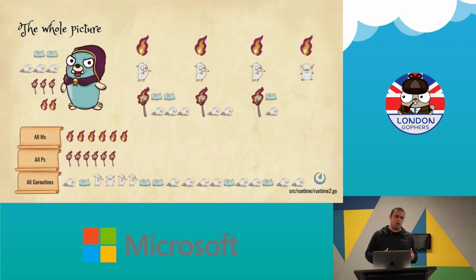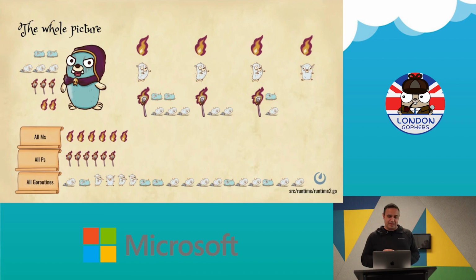So this is the whole picture. You can see there some processors, and each processor has its own queue of runnable Goroutines, Goroutines that are ready to run, and free Goroutines. Every running Goroutine that you can see there is associated to a processor and to an operating system thread. You can even have operating system threads associated to a Goroutine without being associated to any processor.